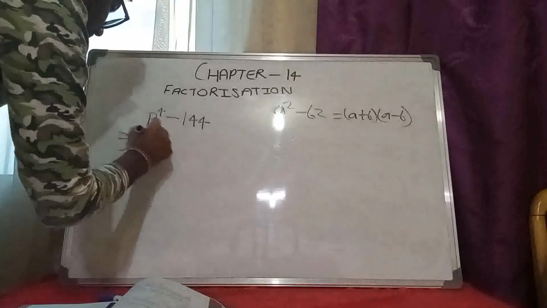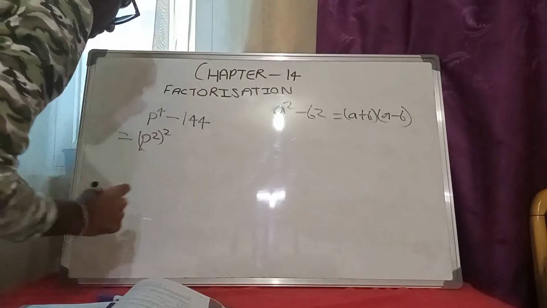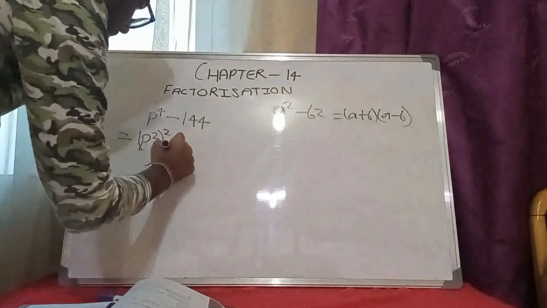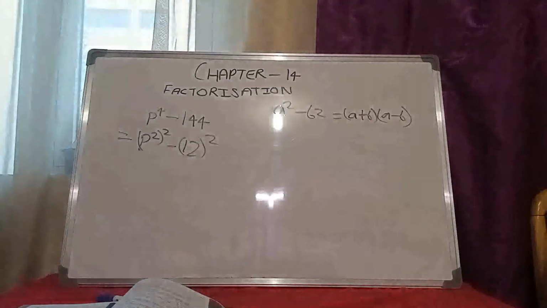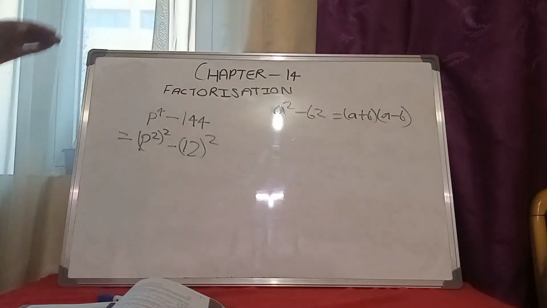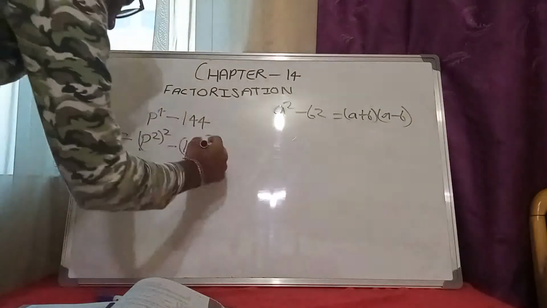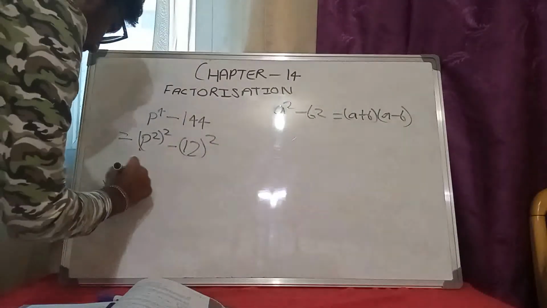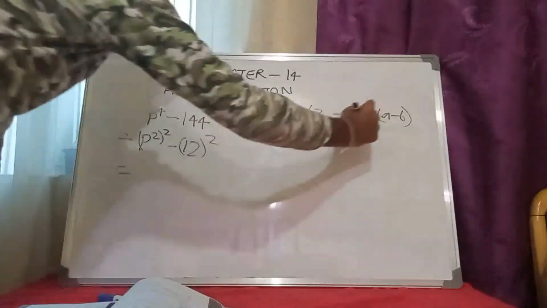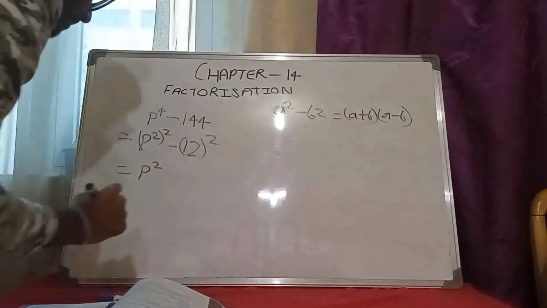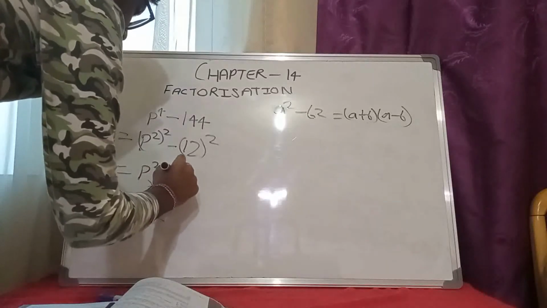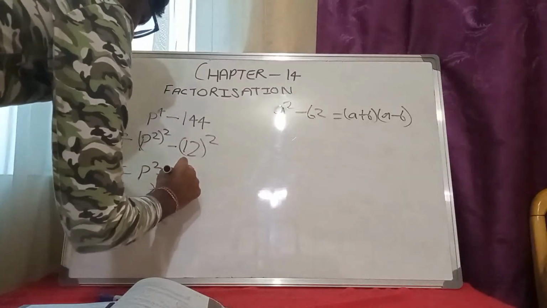So we'll write it as (p square) the whole square minus 12 to the power 2. So this is what we get after doing the first step. So after solving this, it will be p square minus 12.